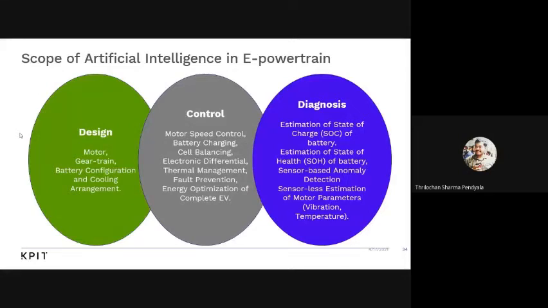So, if you have a motor to be designed for an electric vehicle, the application of artificial intelligence in the design section is also important, because of the size of the motor, the number of windings inside it, the material used for it, and the testing part during the design, etc.